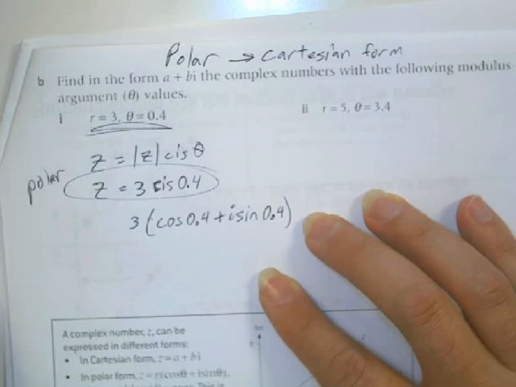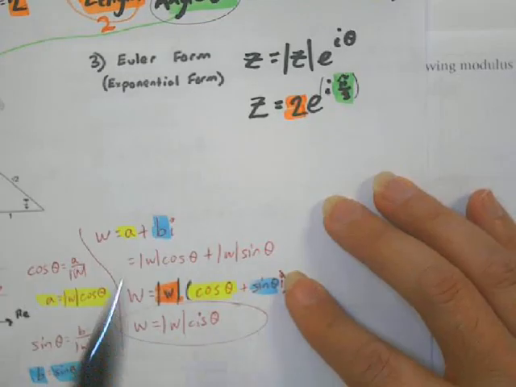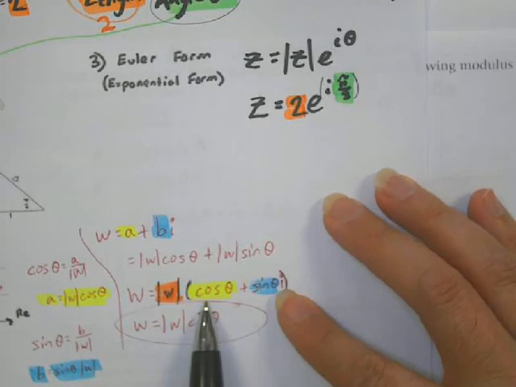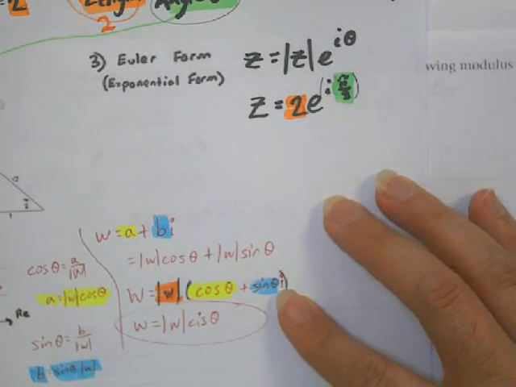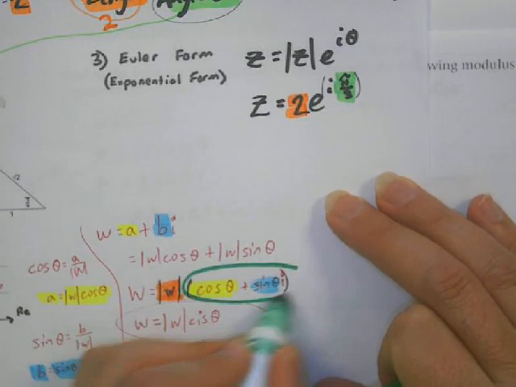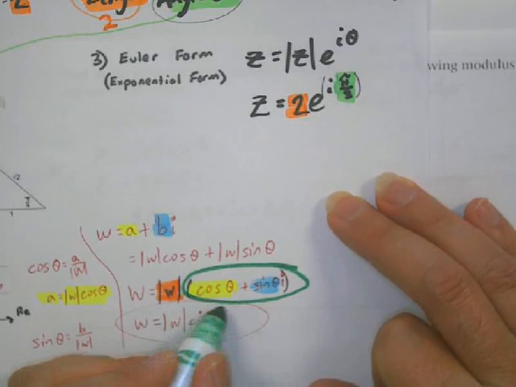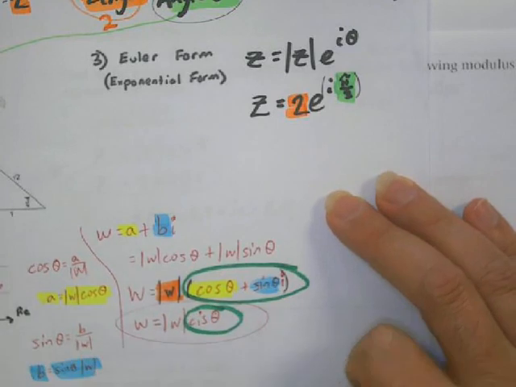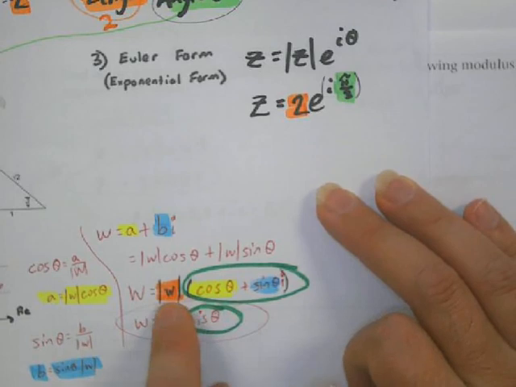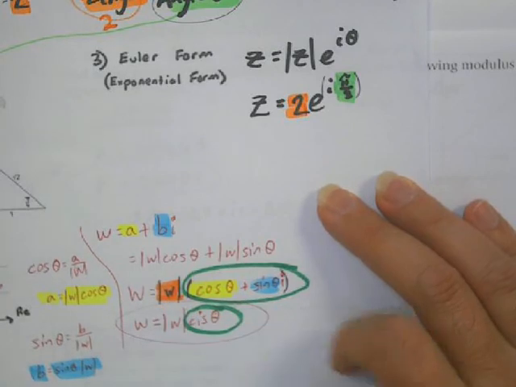Okay, this is a very important relationship, that if I'm converting from polar to Cartesian, you need to be aware that cosine theta plus I sine theta is the same thing as cis theta. So our real part is the modulus times cosine theta. The imaginary part is the modulus times sine theta I.